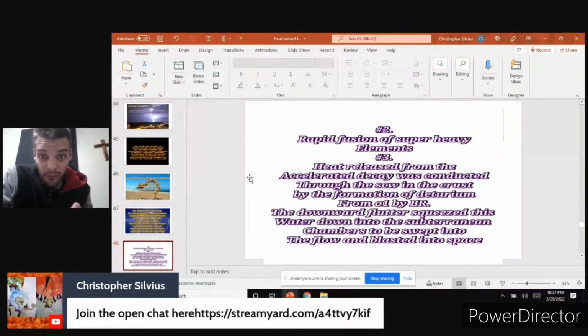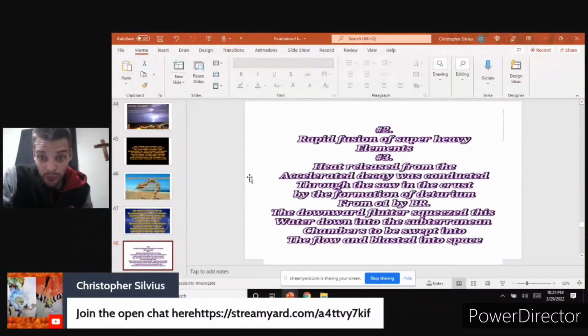So heat released from the accelerated decay was conducted through the supercritical water in the crust, partly by the formation of deuterium. Much of it was forced directly out into outer space, and much of it was absorbed by the fusion of super heavy elements and the decay chain that follows from that, which would allow for the fusion of current radioactive elements today.